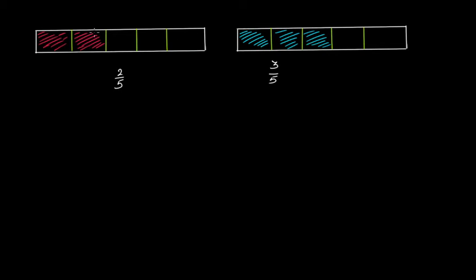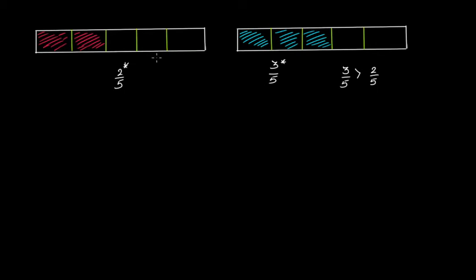Since the blocks are exactly the same, 2 portions of this block will of course be smaller than the 3 portions of this block. Therefore, we will say that this fraction is greater than this one. Okay, 3 by 5 is greater than 2 by 5.